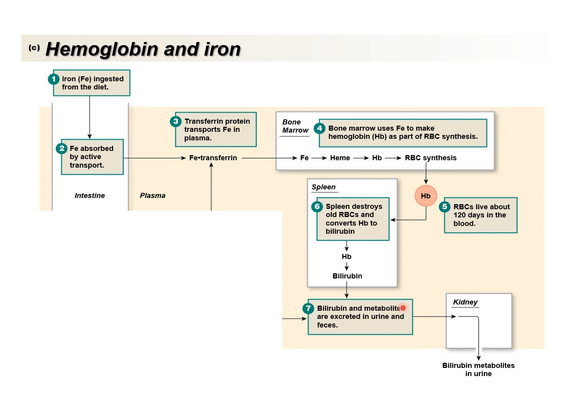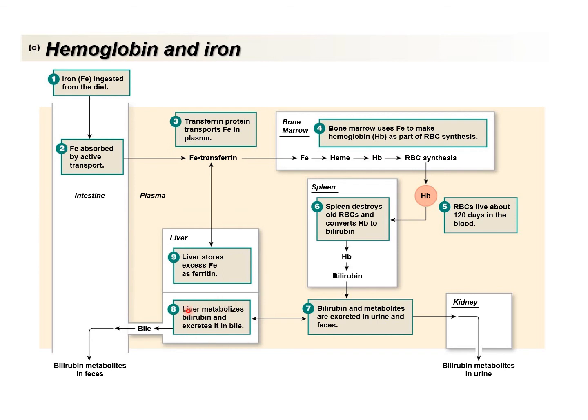Either bilirubin can be excreted by the kidney, and that's the yellowish golden color that you see in urine, from the metabolites of bilirubin or bilirubin itself. But it turns out that bilirubin is not primarily excreted by the kidney. Bilirubin is actually often metabolized by the liver.